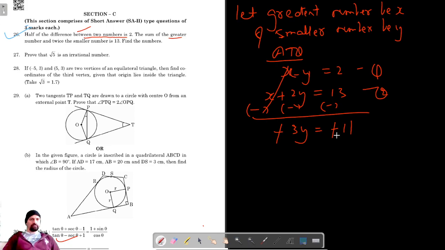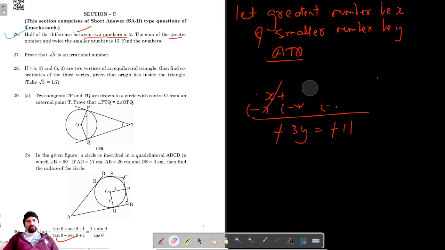And we have to find the numbers. The sum of the greater number and twice the smaller number, and half of the difference is given, sorry.